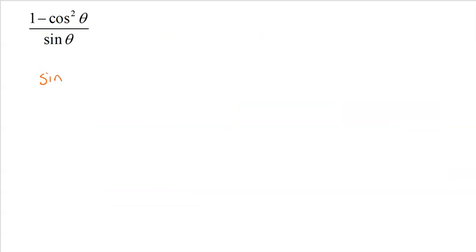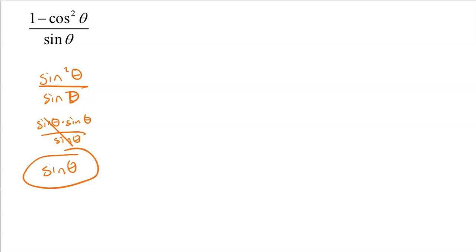So I can replace the entire numerator with sine squared. And then I get sine squared over sine. Well, wait a minute. That's sine times sine over sine. One of the sines cancels, and I'm left with just sine.